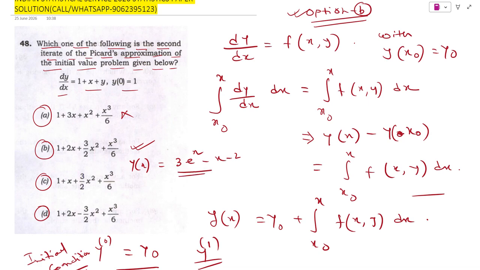If you expand 3e^x as an infinite Taylor series, you get exactly the polynomial terms we are uncovering step by step. So Picard's method isolates those terms without ever needing to guess an integrating factor.